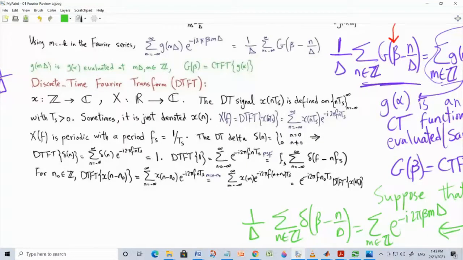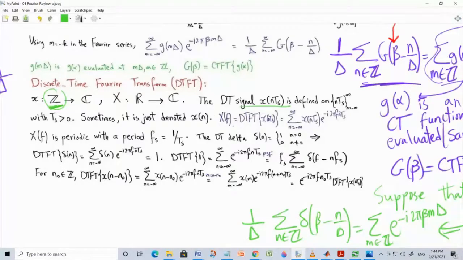The discrete time Fourier transform is applied to sampled signals, or basically to discrete time signals, or what in math you call sequences. Those sequences are now defined on a grid. Okay, so the Fourier transform is from R to C. The discrete time Fourier transform is from Z to C, because you have a function that is defined on the grid n Ts, where Ts is a positive parameter, and corresponding to each n, you have a complex value.